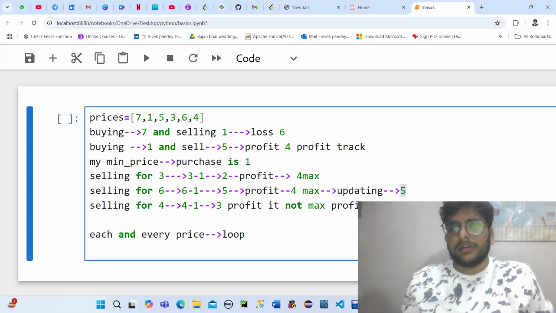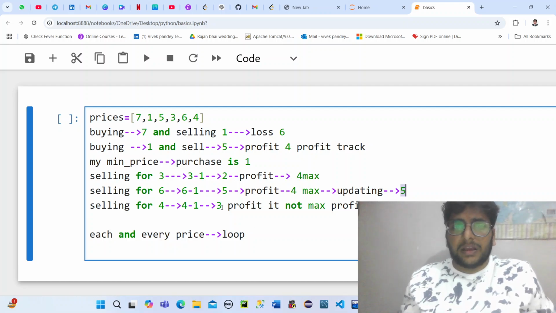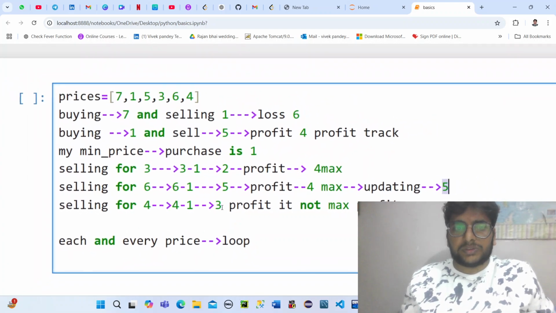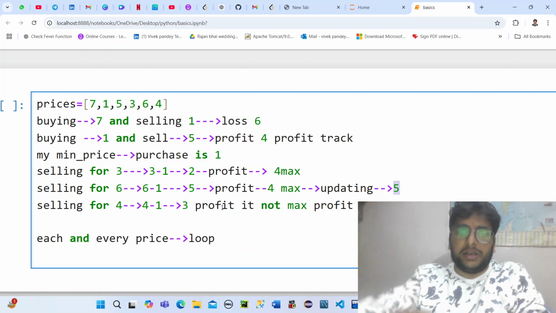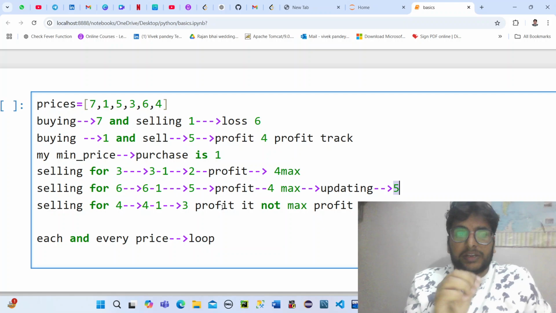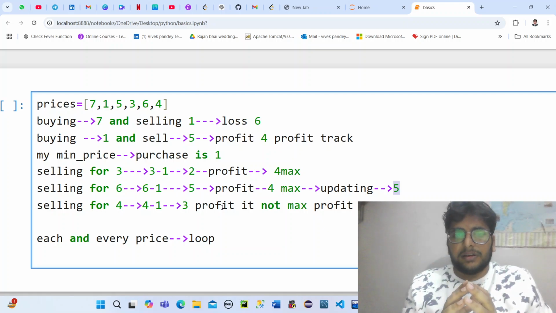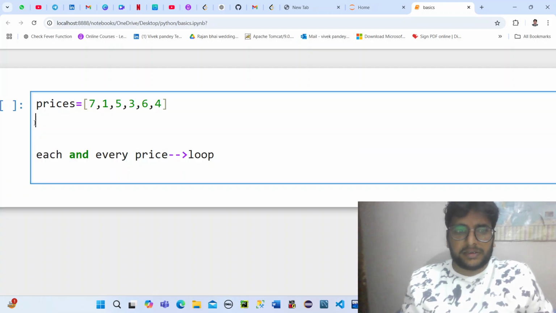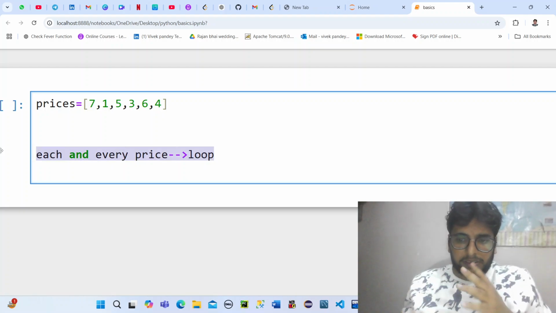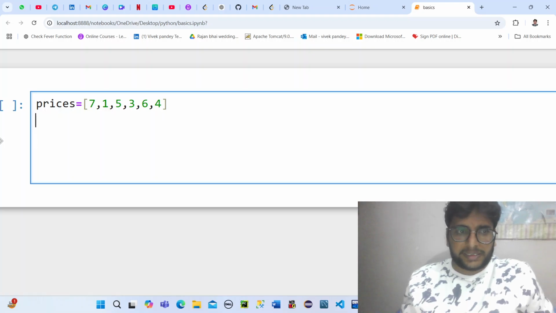Okay, so now we need to see how we are going to keep everything in a code. Yes, now I need to implement this in Python code. So I'm just clearing this here, and now let me keep it in the code.